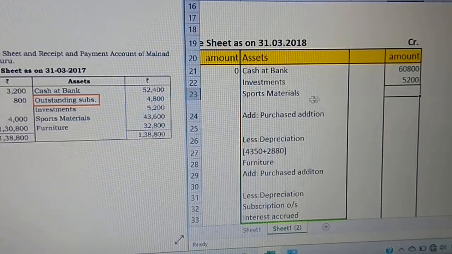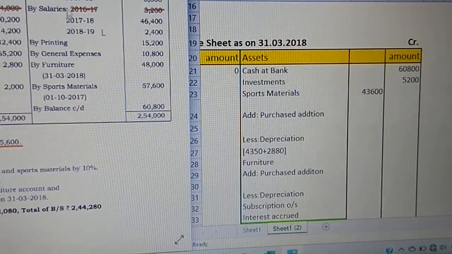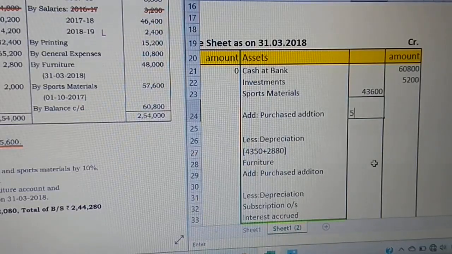So opening balance, I'm going to take it in the inner column, 43,600 plus what is the addition purchased by us from the payment side. Could you all find out? Sports material 57,600. So this is the value I'm going to take now, 57,600.